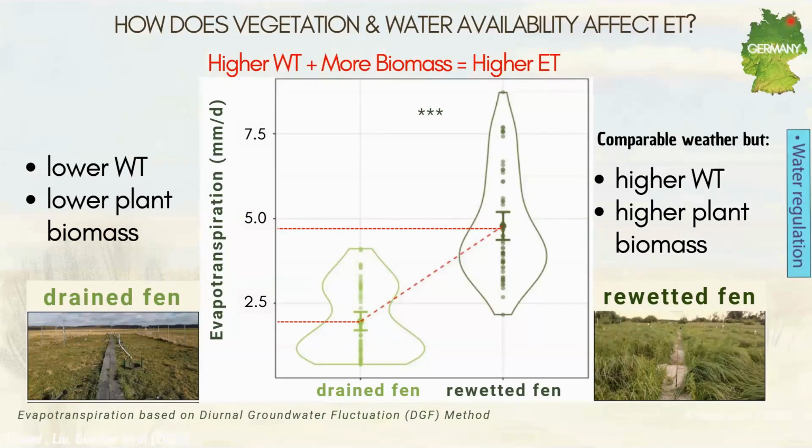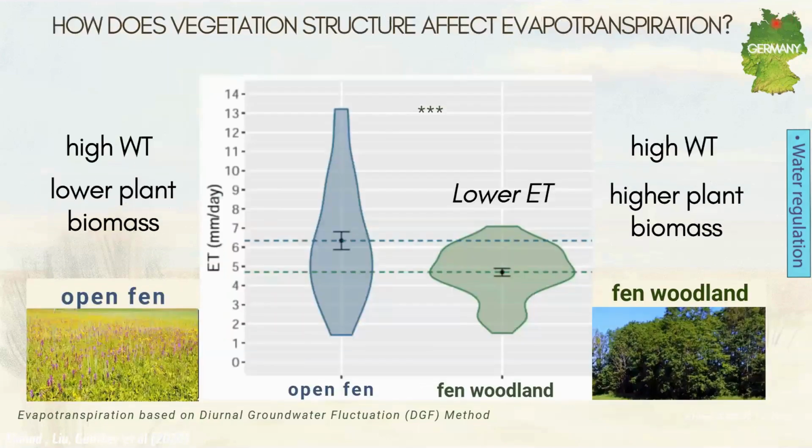But it's not always the case that higher biomass leads to higher evapotranspiration because of higher water demand, because vegetation structure also interferes with all of these processes. Vegetation structure may lead to more closed-canopy ecosystems, with, let's say, an equally high water table as open fens, having lower evapotranspiration, at least on rain-free days when there is no interception.